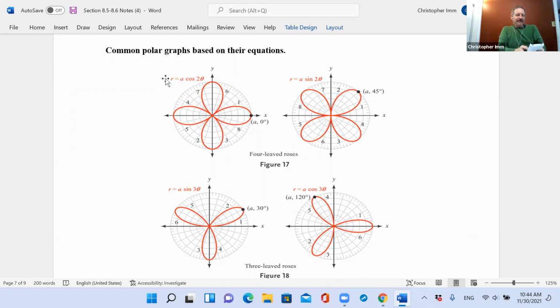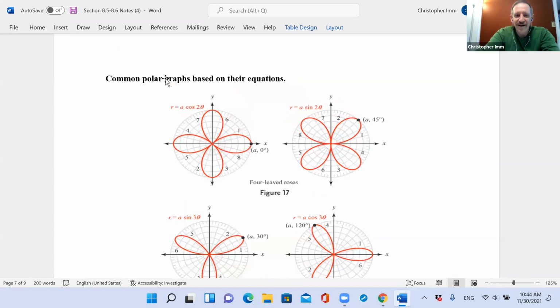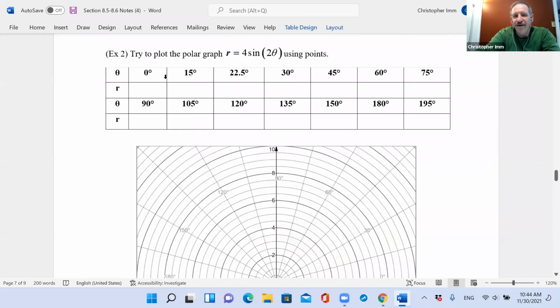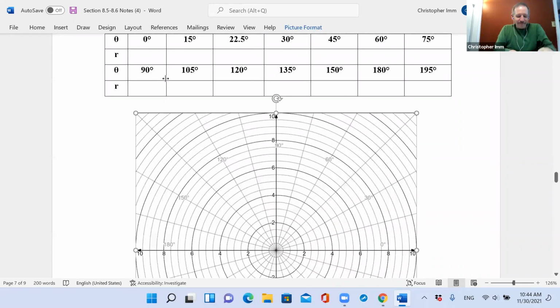Did I type this in correctly? Oh, you know what? I forgot to type in 2 theta. My bad. Was there a 2 theta in the other one? Yes, there was a 2 theta. So that was the deal. I did not type in the correct thing.